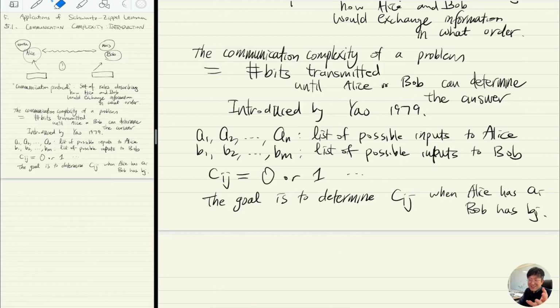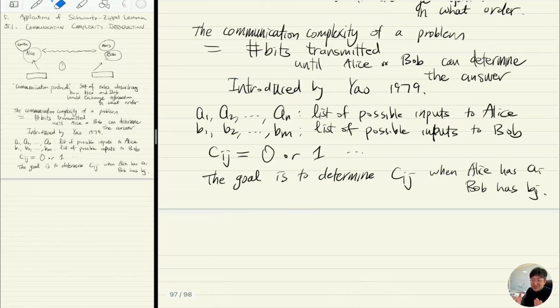All right. So Alice has input Ai and Bob has input Bj, and the answer is 0 or 1. And the problem is to determine this value, depending on the input of Alice and the input of Bob. Right, so that's the problem.